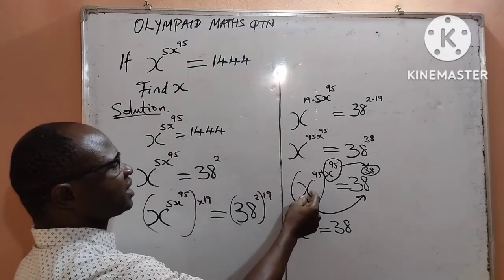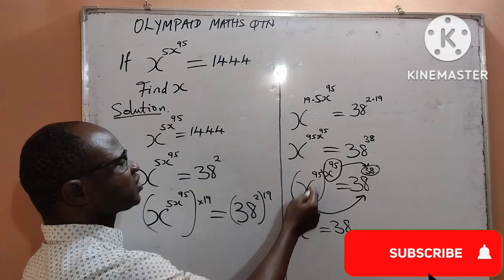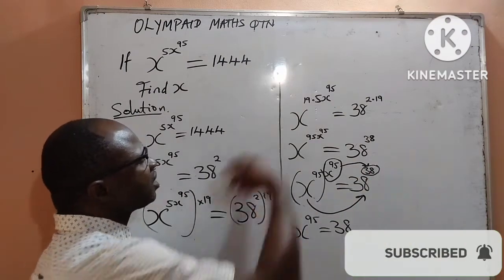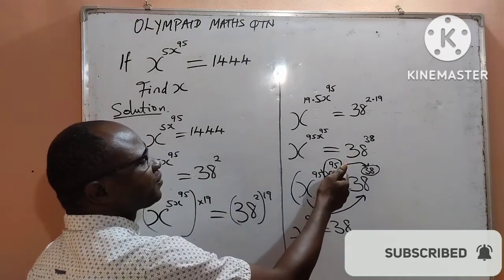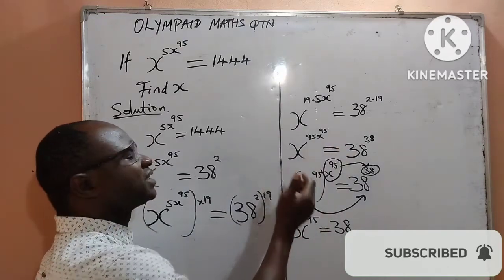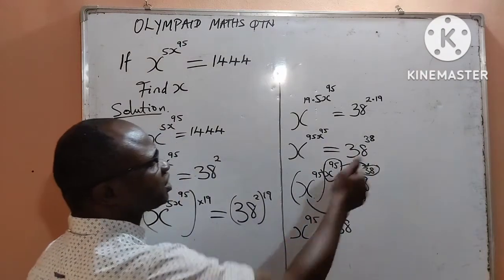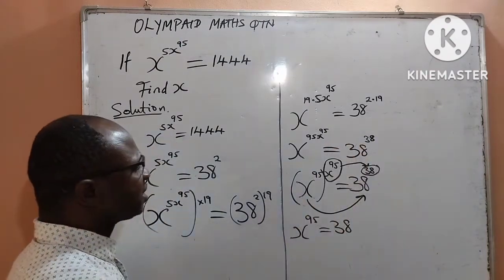Either you are taking the one in the bracket, which is x to the power of 95 equal to the base by the right hand side, or you are saying that x to the power of 95, which is the exponent at the left hand side, is equal to the 38, which is the power at the right hand side.